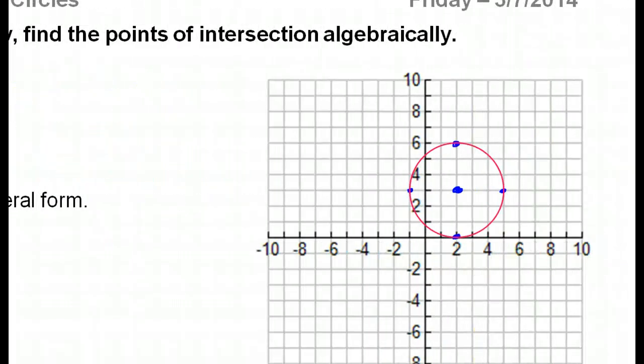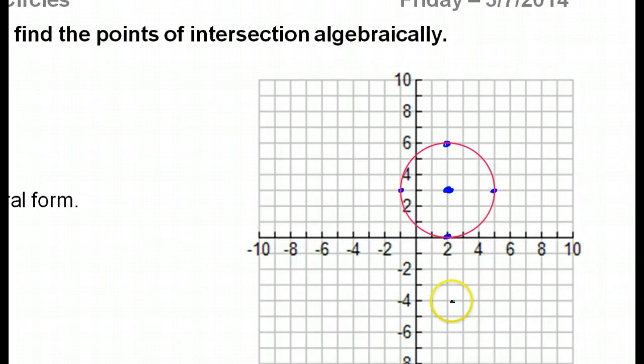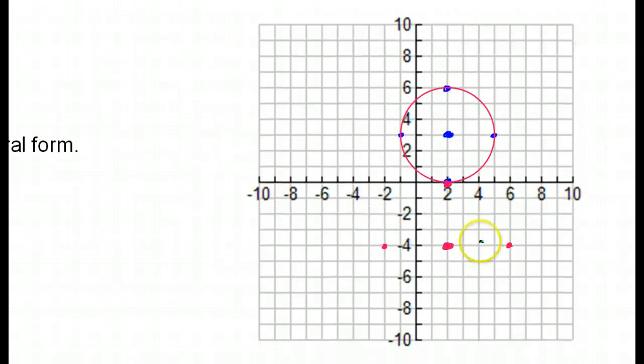Okay, so first 2 comma negative 4. So 2 comma negative 4 would be right here. And it says a radius of 4, so if I go 4 in all directions, I'm going to be there, and there, and there, and here. Hold on. Okay, let's draw that circle.